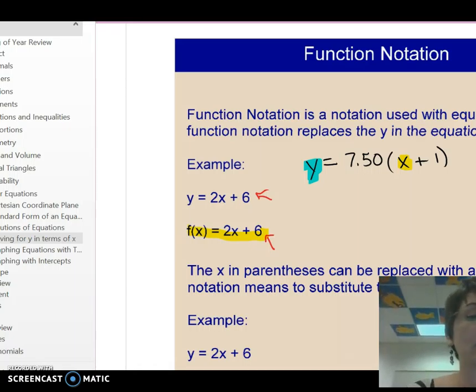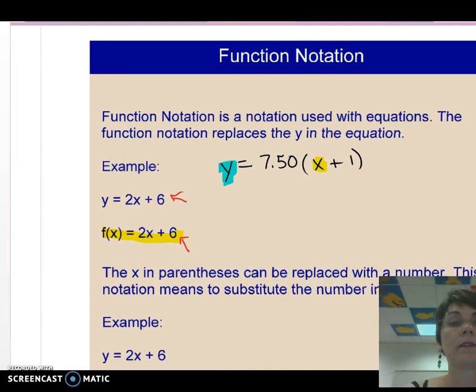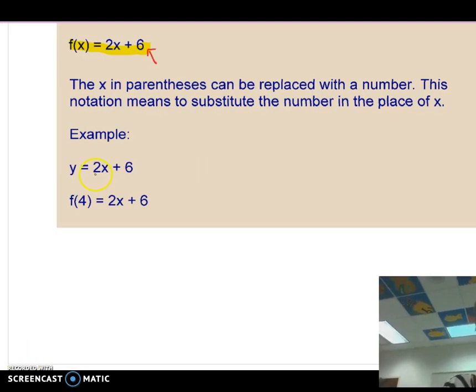So now that we've talked a little bit about functions, let's see how to use them. Again, functions are just equations, but they have a slightly different notation, as we see in this example, f of x equals 2x plus 6. Here's the equation y equals 2x plus 6.